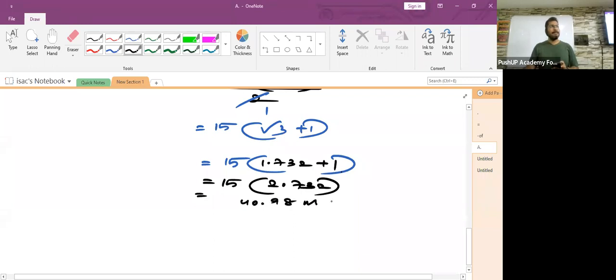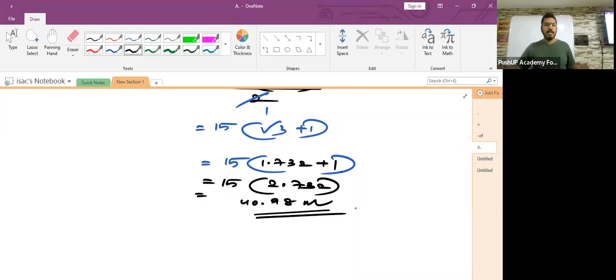40.98 meters. All right. I have a question after this, and the answer will be given by Sandra. If I ask you to round this off to the nearest whole number, what is the answer? 41 meters. You all agree?